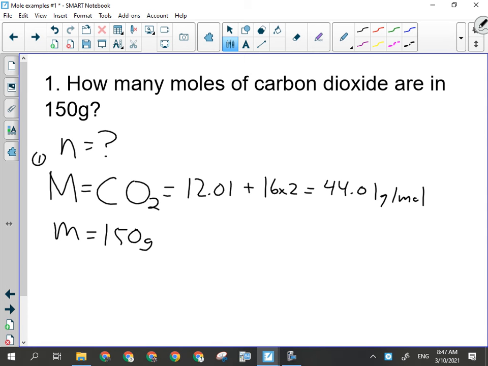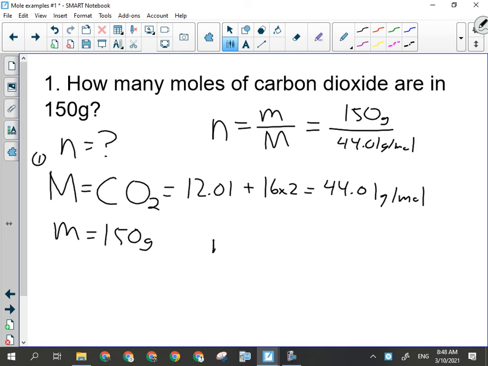So they want to know how many moles, so the next thing I do is write the mole equation. It's already set up to solve for moles, so I don't have to move anything around. I don't need Avogadro's number for this one because it's not asking or giving me molecules, so I don't have to worry about that step. I just need to plug in 150 grams divided by 44.01 grams per mole.